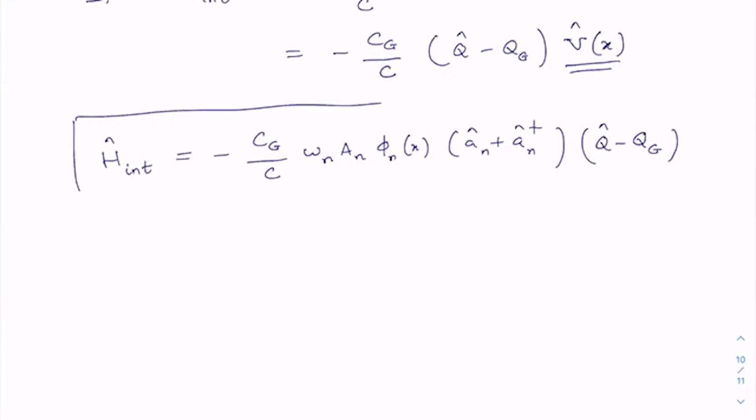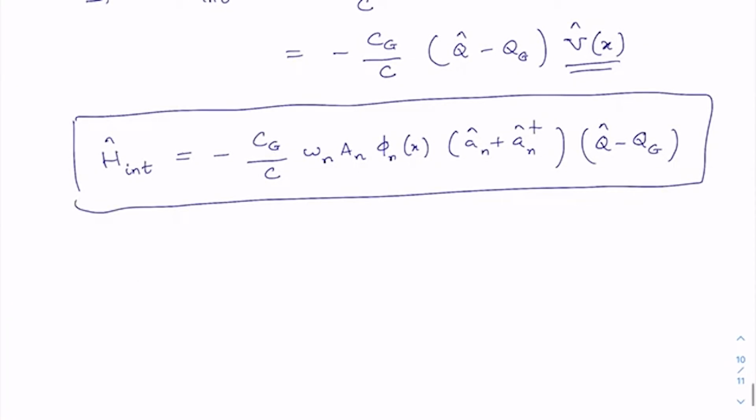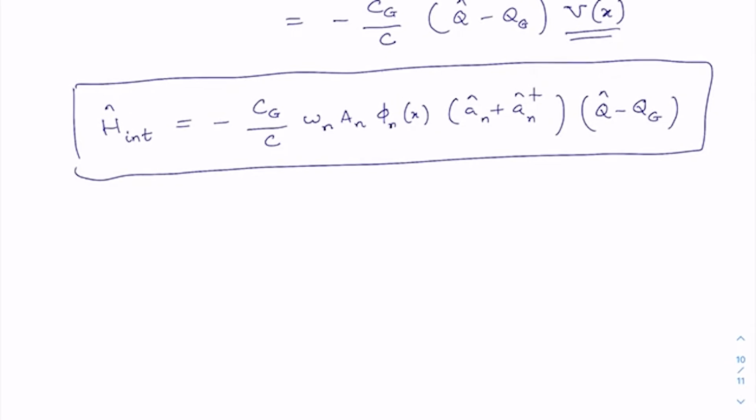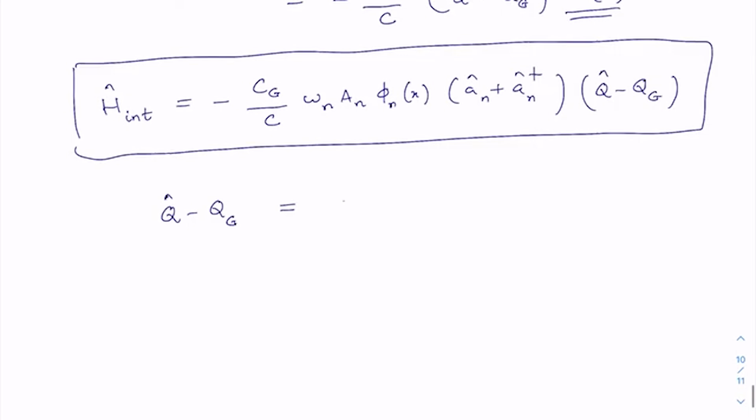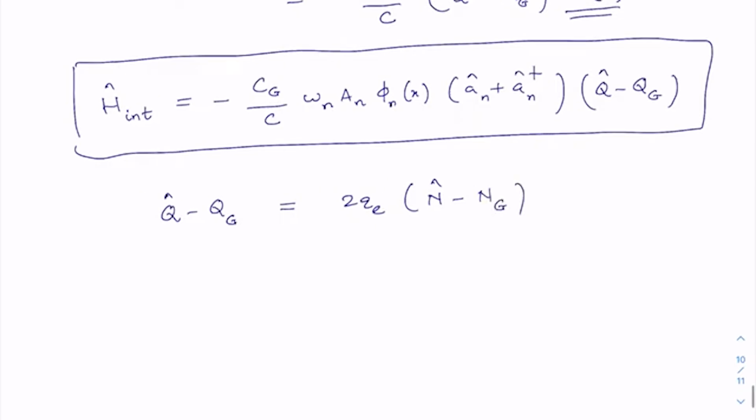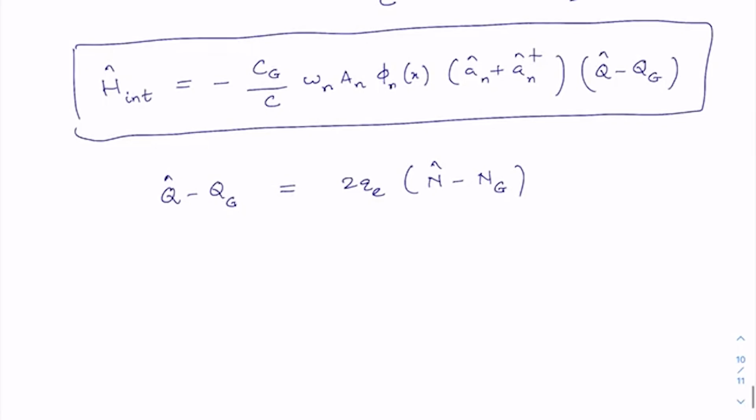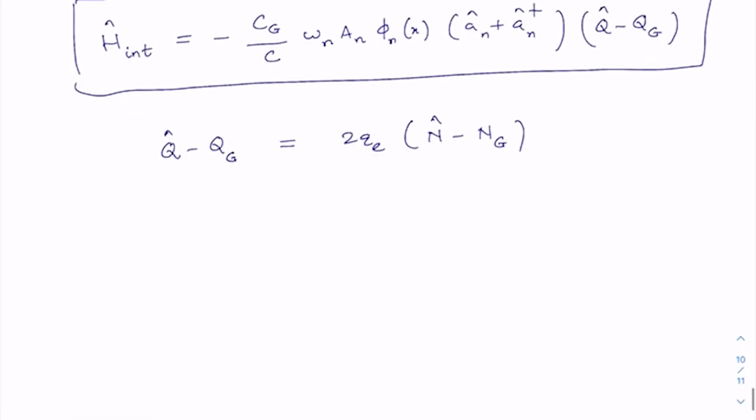Now I can exploit the fact that I can write my charge operator in terms of the number operator, as we discussed in, I think, lecture 12 earlier. So I can write it as twice qe into n minus nz. n is the number operator. Now let us concentrate only on the ground state and the first excited state.